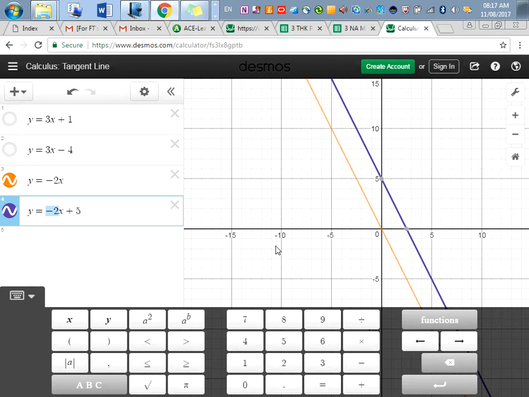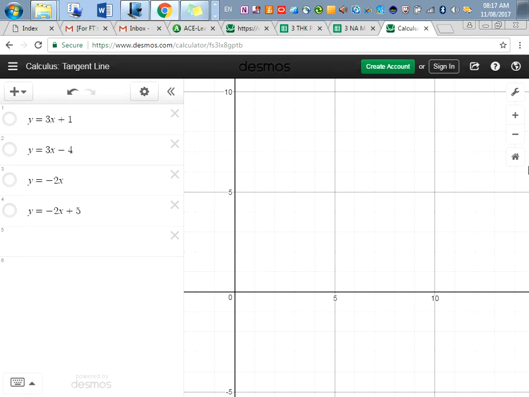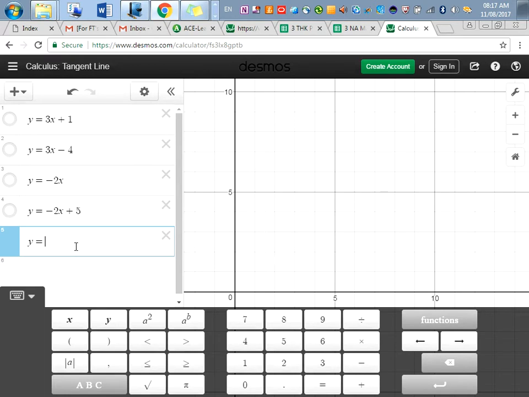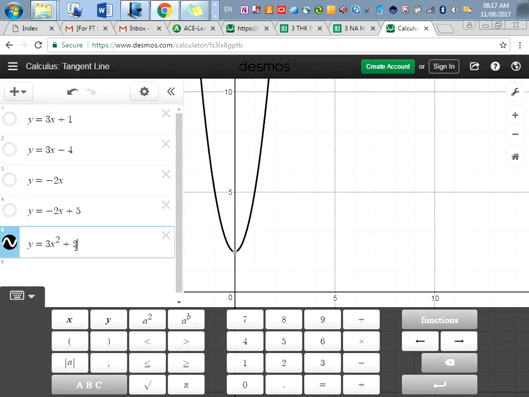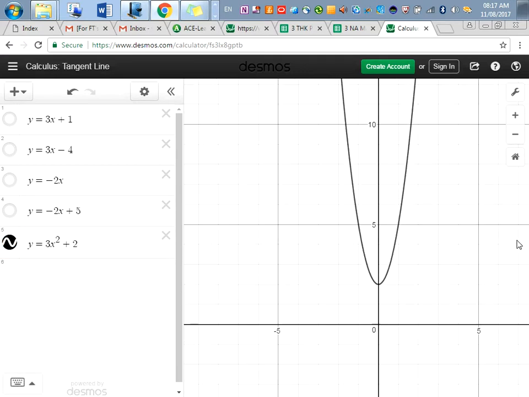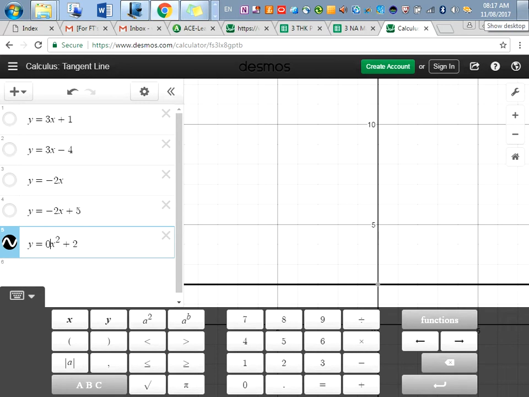Okay? Then, what about gradients for curves? So if I have a graph that looks like this, y equals 3x squared, y equals 3x squared plus 2. Okay, so this curve over here, let's change this 0.4.